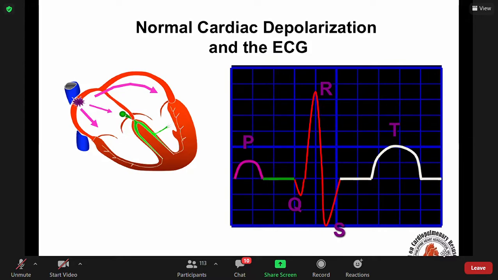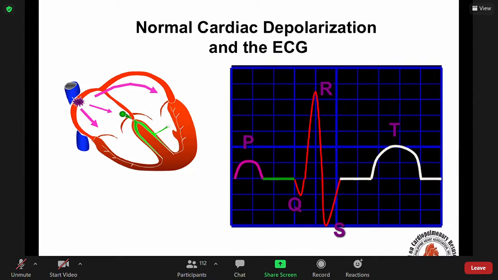So there will be a time in second degree AV block that there is a complete block across the AV node. So it's like 3:1, meaning 3 beats are able to conduct to the ventricles, but on the fourth beat, none. Or most of the time, it's 2:1, meaning 2 beats conduct across the AV node to the ventricles, but on the third beat, completely blocked. So nothing conducts to the ventricles. So that's second degree AV block.